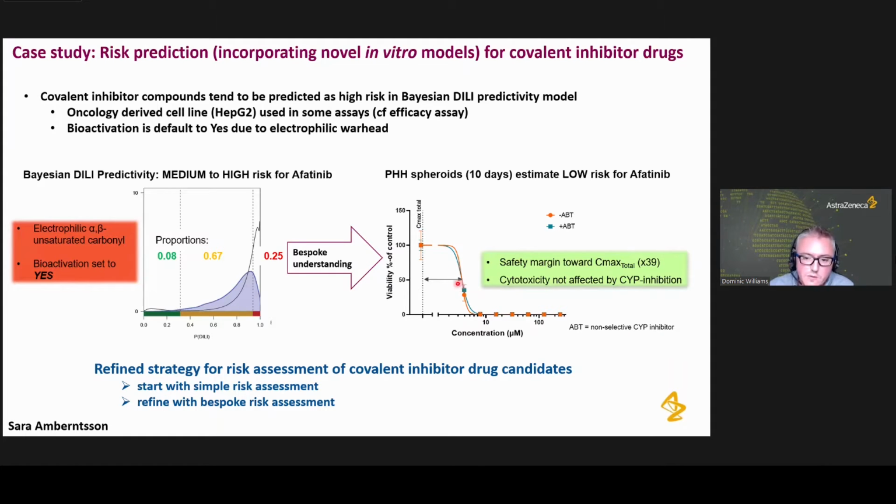In this case, nearly a 40-fold difference between where the compound kills hepatocytes versus the maximum concentration that's going to be achieved in the human. So that can make us relax a little bit that we've actually got a decent safety margin. This is one way to integrate a simple risk assessment assay with an experimental assay using primary human hepatocyte spheroids.